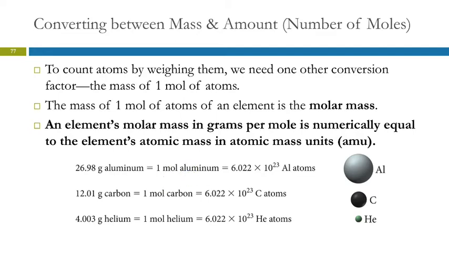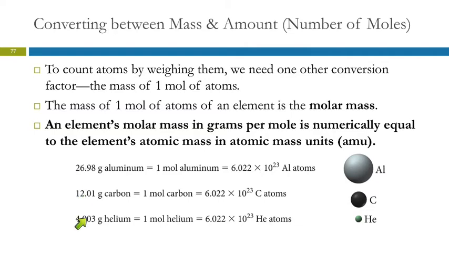If we look on the periodic table for aluminum, we see that the atomic mass is 26.98 atomic mass units. So that number does double duty. Atomic mass units tells us the mass of 1 atom, the average mass of 1 atom. If we use the unit gram, it tells us the mass of a chemist's dozen of atoms.